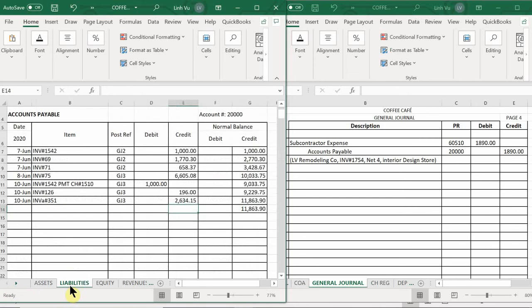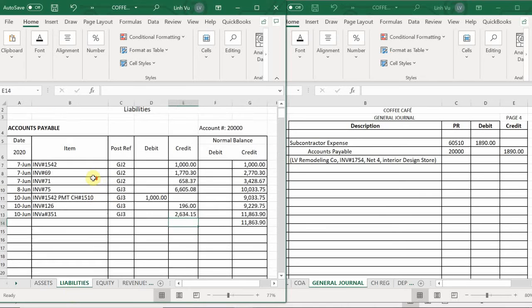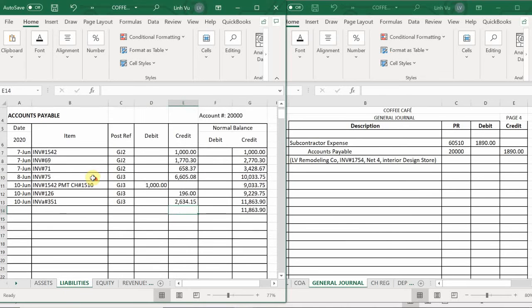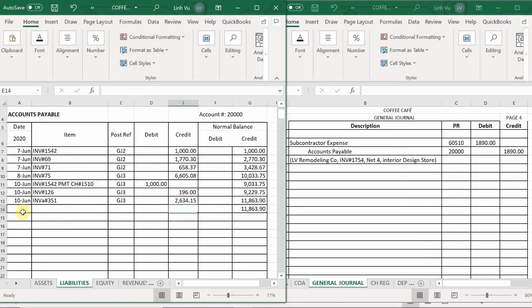So liabilities. Here we are at accounts payable. This was invoice number 1754.